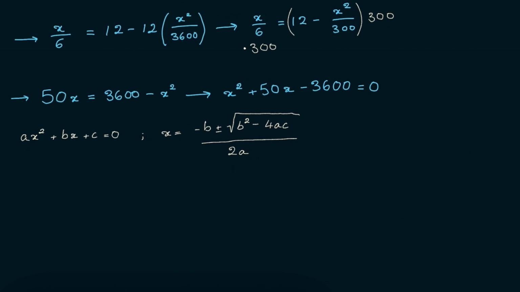So let's plug in those values. In our equation, x is equal to negative b, and our b value here is 50, plus or minus the square root of 50 squared minus 4 times our a value is just 1, and our c value is negative 3,600.